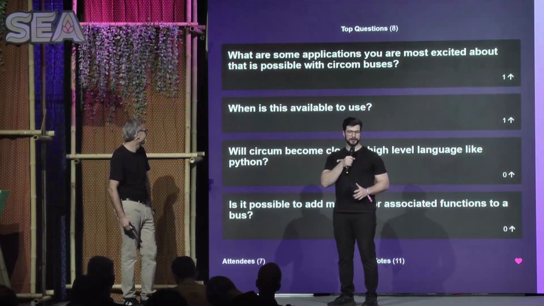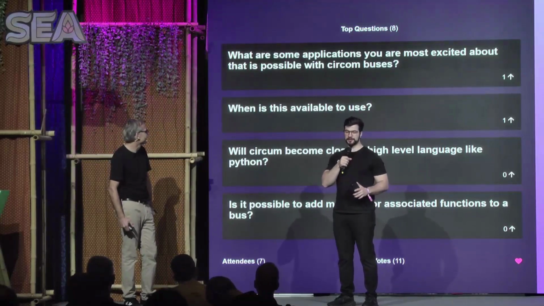Yeah. Okay, next question is, what are some applications you're most excited about that are possible with Circom buses? I mean, with buses, the point is not that you will be able to design new circuits. The point is that they will be defined in a nicer way.